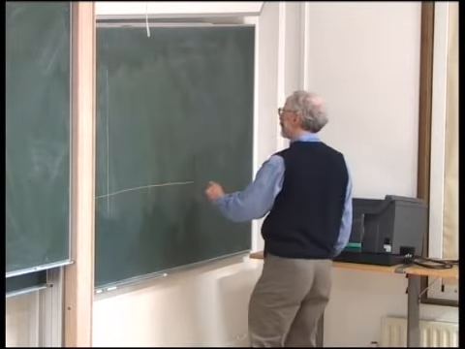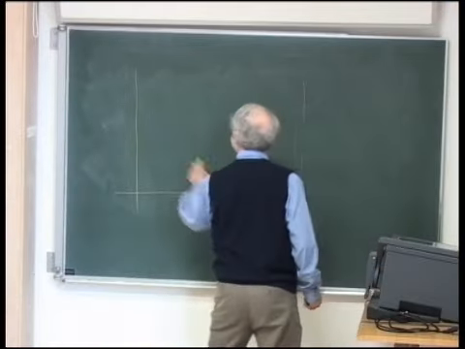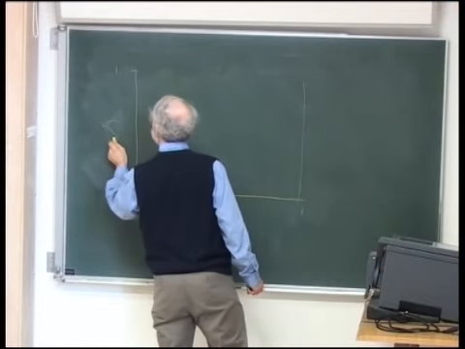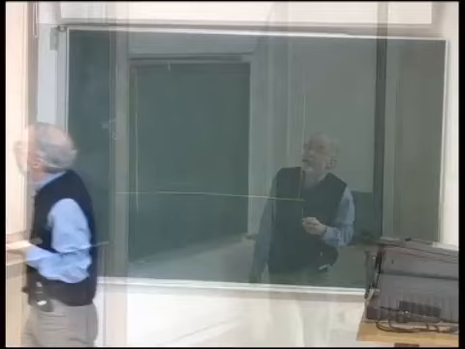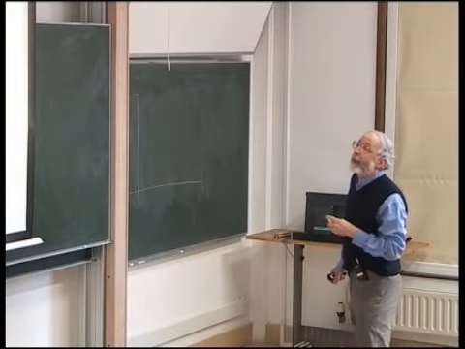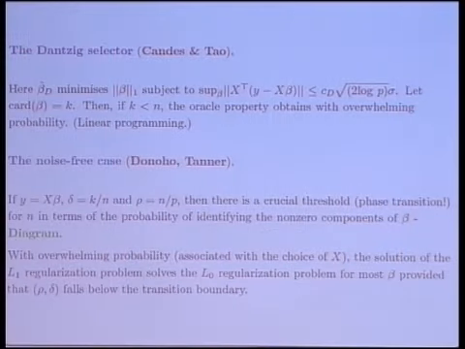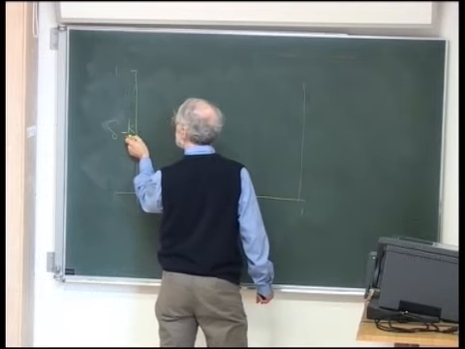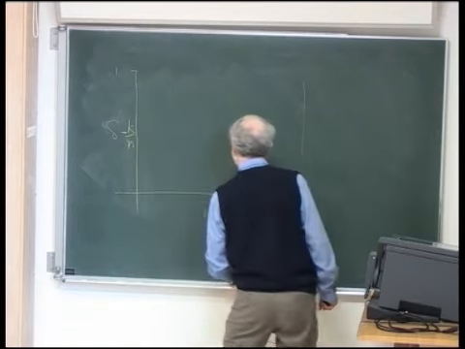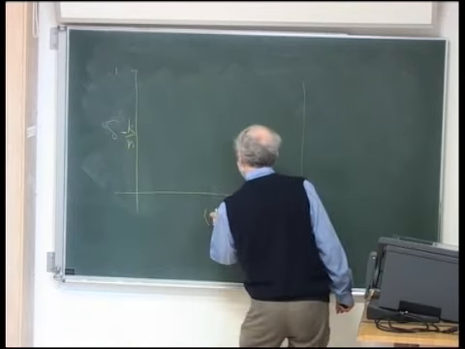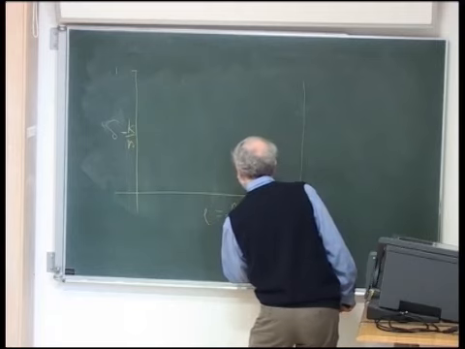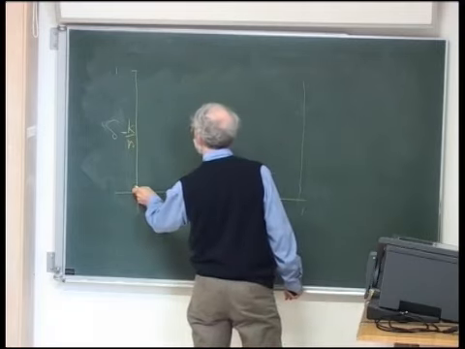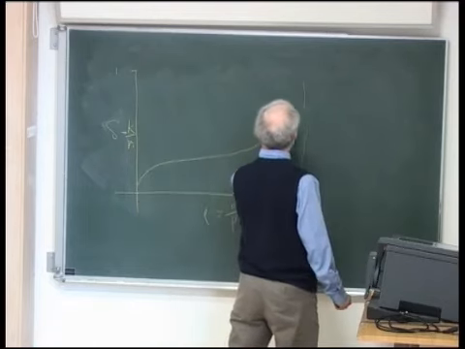And they produce a diagram something like this. This is delta up here, and this is rho. So this is the number of non-zero elements in beta divided by n, and this is n divided by p, and they have a curve which is something like this.